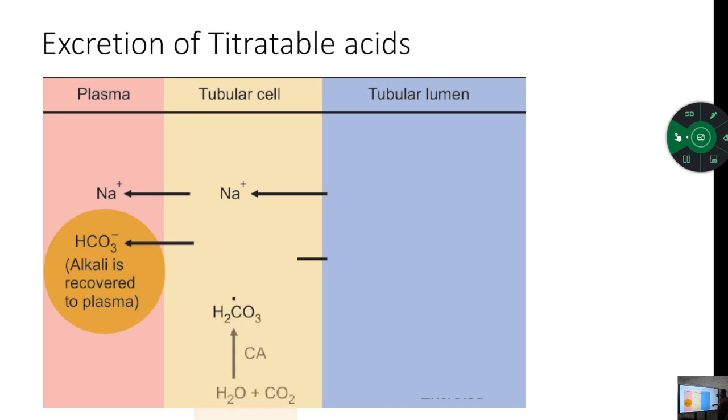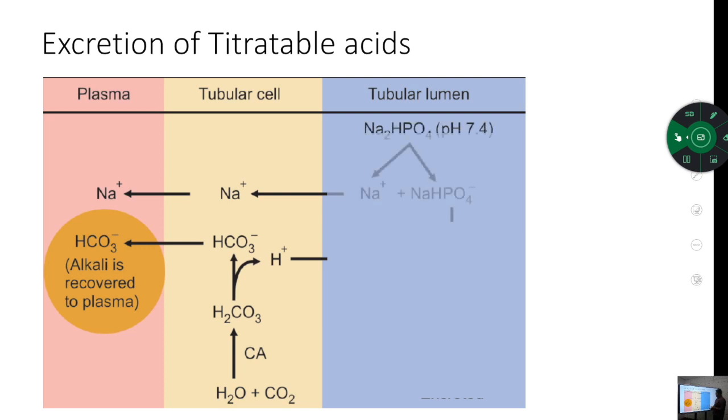Now speaking about that, again the reactions occur in these three areas. The first reaction we are going to see here is water and carbon dioxide combining to form carbonic acid. Same reaction occurs in all strategies. It splits into two. The H plus will cross this side, the Na plus will go that side.